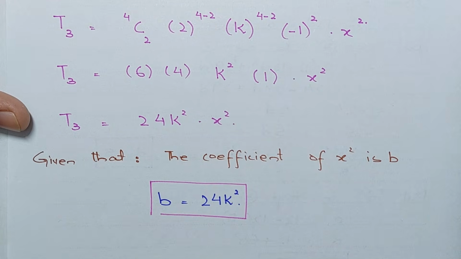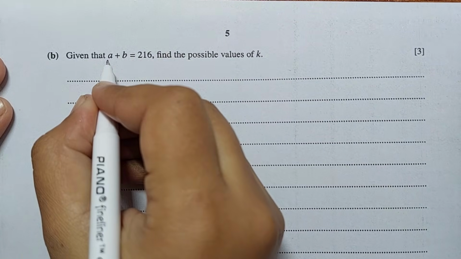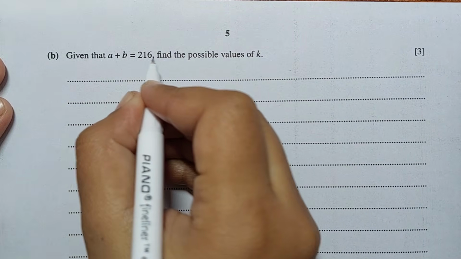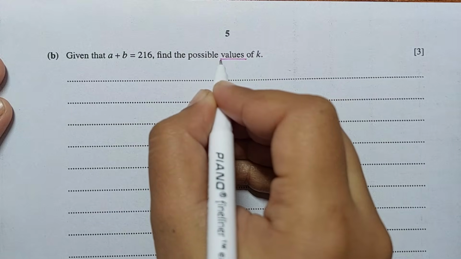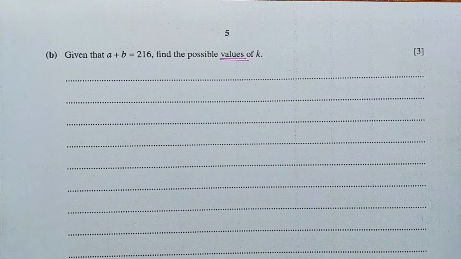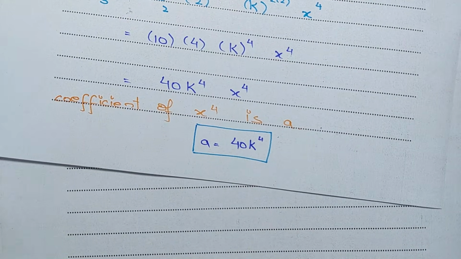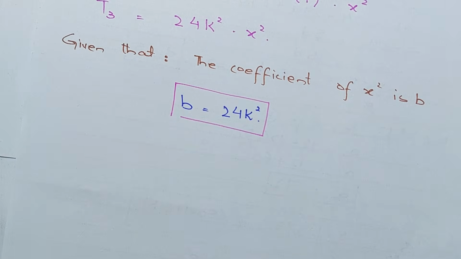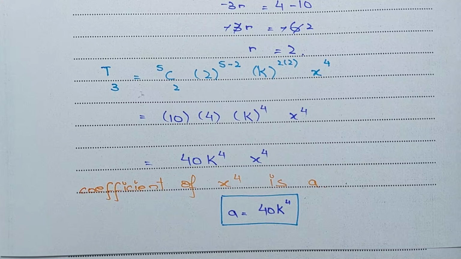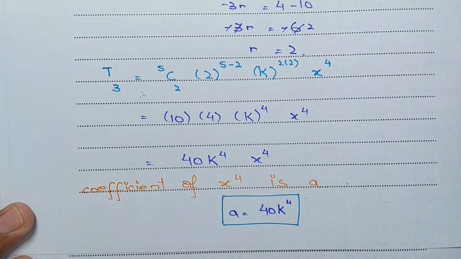In terms of k. Now for part B, given that a plus b is 216, find the possible values of k. A plus b. What is the a value? We have done the a value, which is 40k to the power 4, and the b value we have done is 24k squared. Put this, their sum equals to 216. Wait a second. I solved this wrong.